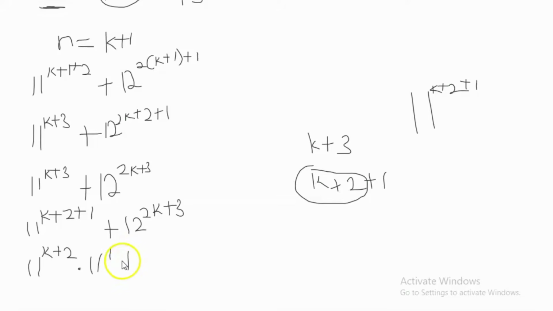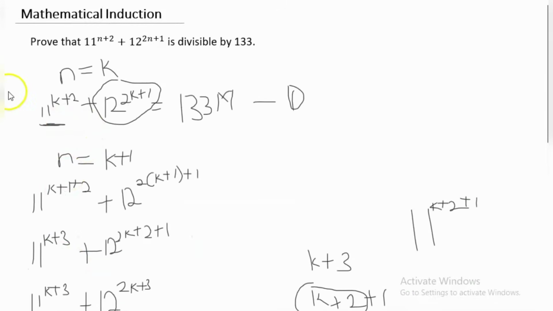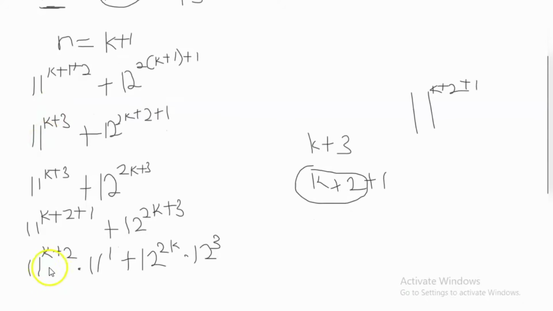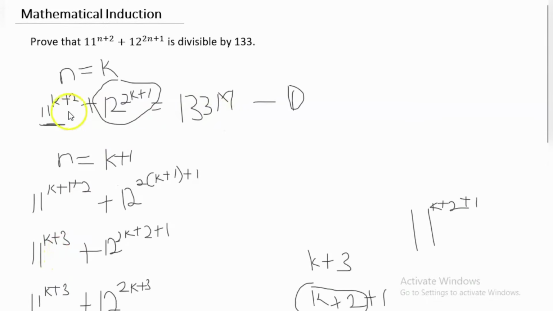So this is then plus 12 to the power of 2k multiplied by 12 to the power of 3. So now that we have this sorted out, what we want to do is make this the subject of formula and replace it with this over here. Okay? So now if we want to make 11 to the power of k plus 2 our subject of formula, we simply take this to the other side.